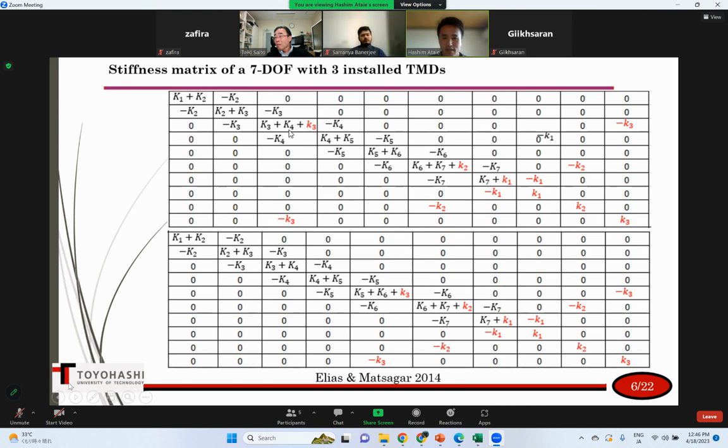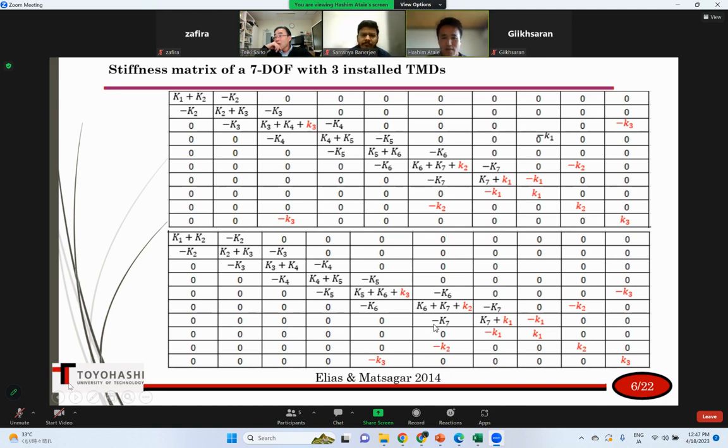For example, third floor, sixth floor, and seventh floor. So this stiffness is related to the floors that those TMDs are attached to. In Elias and Matsagar, it's not like that. It starts from the top and becomes lower and lower.